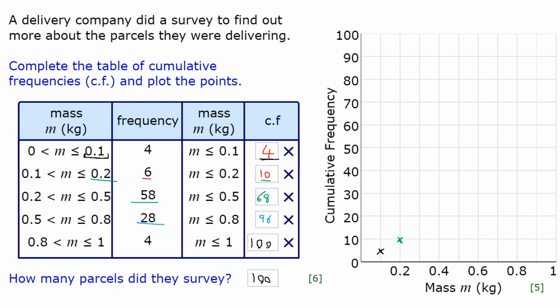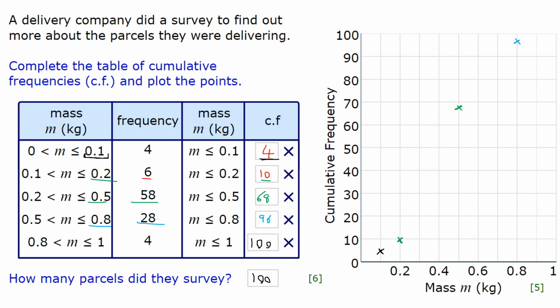And the next point, the cumulative frequency is 68, and the max range is 0.5. 0.5 is here, and 68 is here. So therefore, that is where our next point is. Next point is going to be at 96 at 0.8. So it's going to be around here.